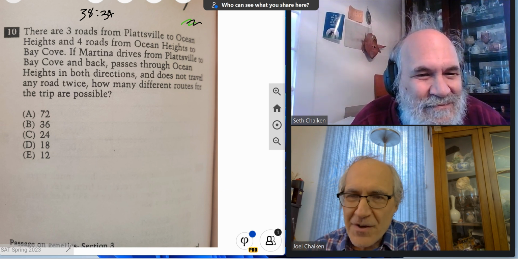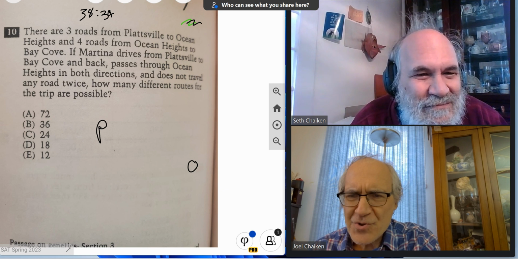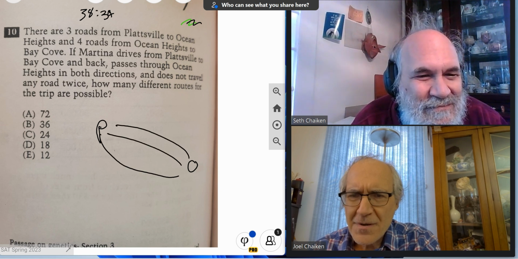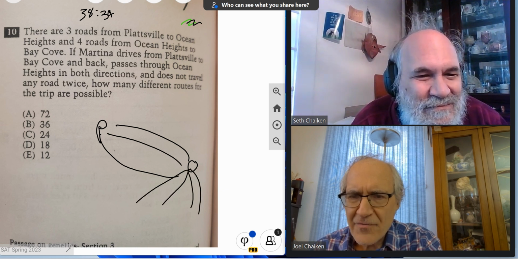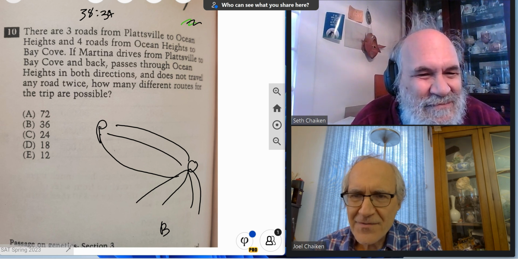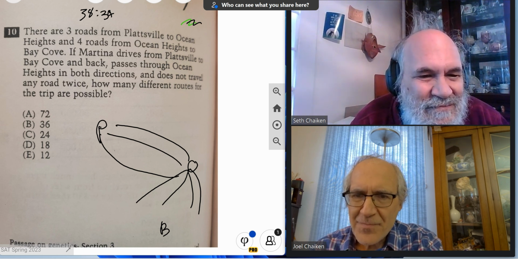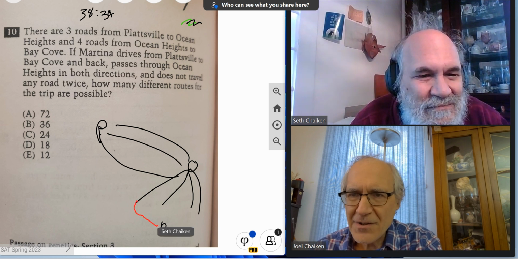There are 3 roads from Plattsville to Ocean Heights and 4 roads from Ocean Heights to Bay Cove. If Martina drives from Plattsville to Bay Cove, oh God, are you kidding me?